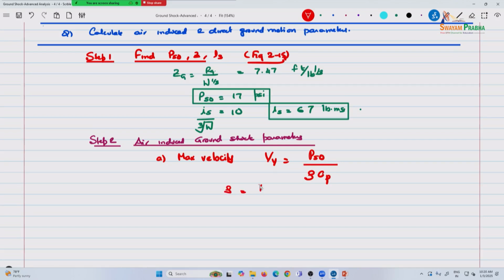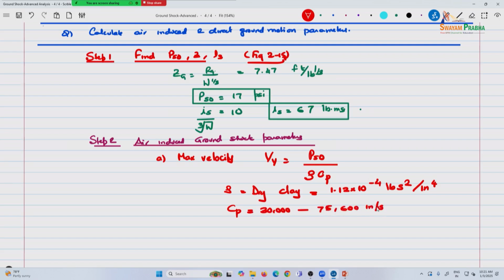Rho, let's say, is dry clay, which is 1.12 into 10 power minus 4, and Cp, as we have seen, varies from 30,000 to 75,600 inches per second.